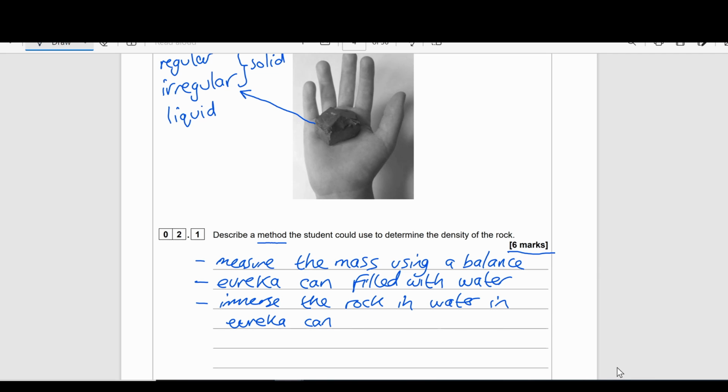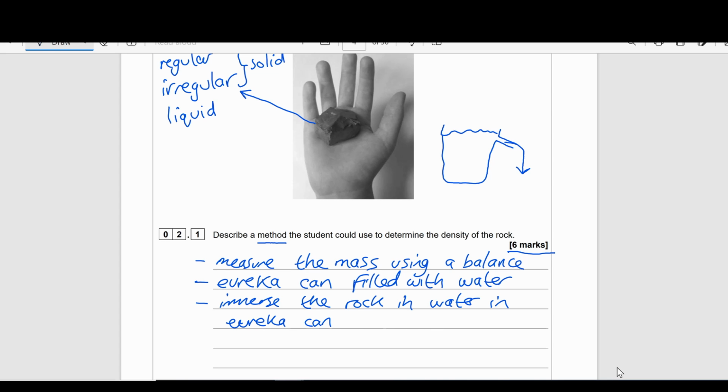Now if you remember how this eureka can works, it's a can which has got a little spout that comes out from it. When the water is just above that spout level, it will then start to come out of the eureka can.